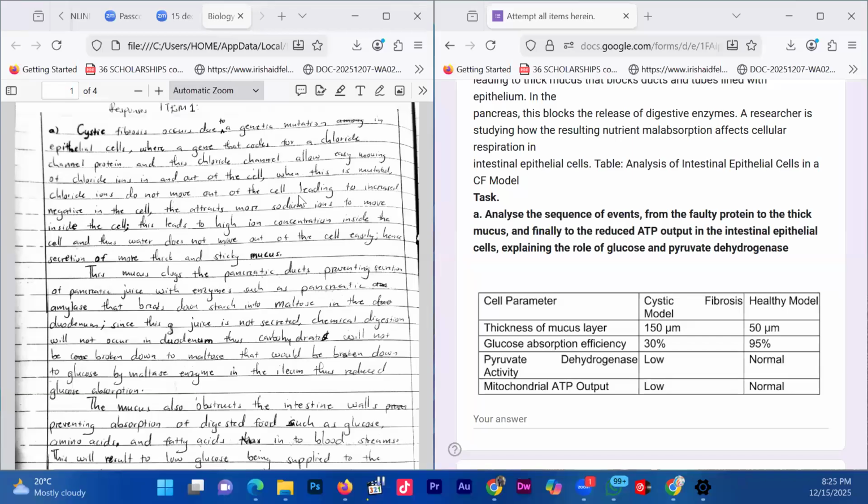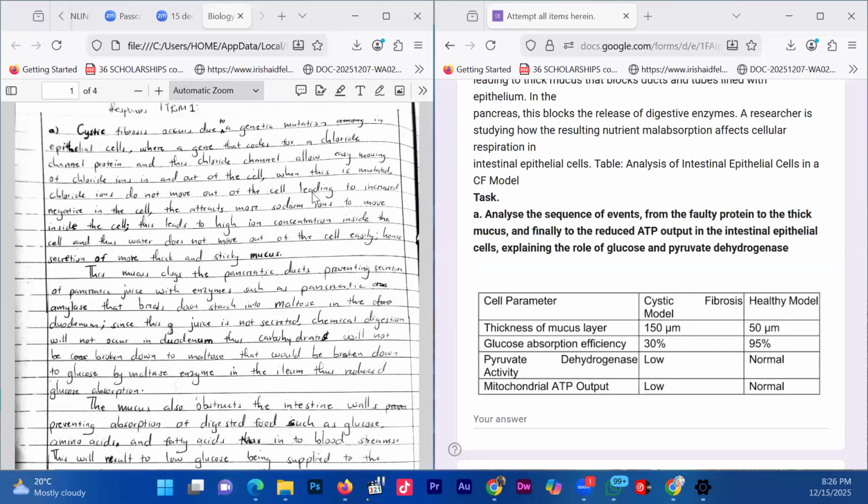Chloride ions do not move out of the cell, leading to increased negative charge. The cell attracts more sodium ions to move into the cell, leading to high ion concentrations in the cell, and that's what does not move out of the cell, hence secretion of more thick and sticky mucus.